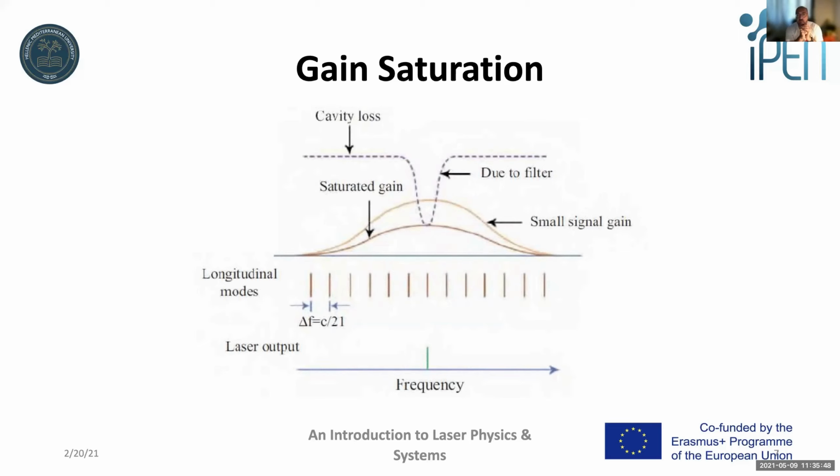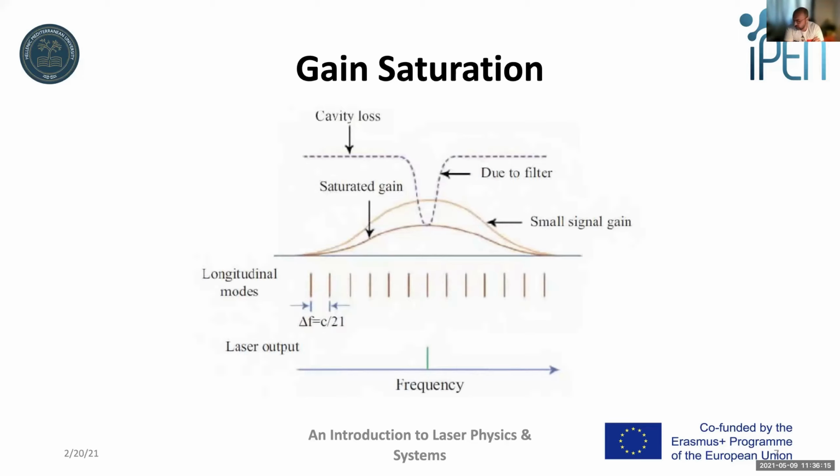So at the beginning, we have a very big population inversion that corresponds to what we call small signal gain. And as the beam is built, we can see that the gain is saturated to its threshold value. And at this point, we have the dominance of one frequency. So this also has an impact on what we observe in single longitudinal mode lasers.